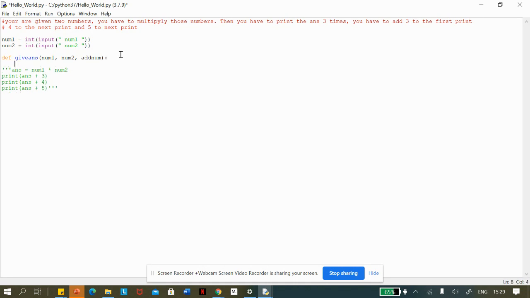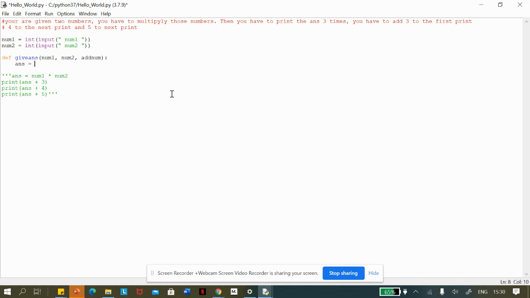Okay, a little confused? No worries. So let's just say, tell me what this means. Def means define, which is what you've read before writing a function. Give answer is the name of the function, and num1, num2, and add num are the three parameters I need to solve the function. I get it, this might still be a little confusing, but I promise it'll get easier as we're writing this.